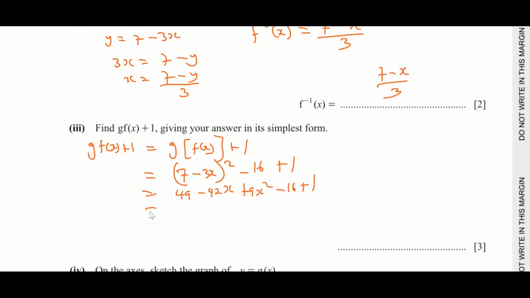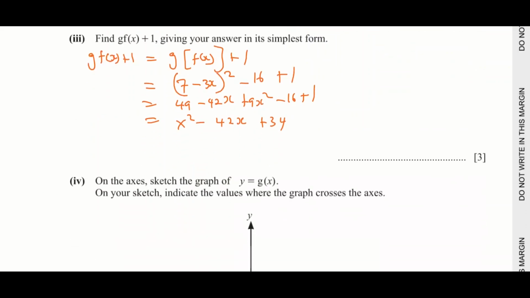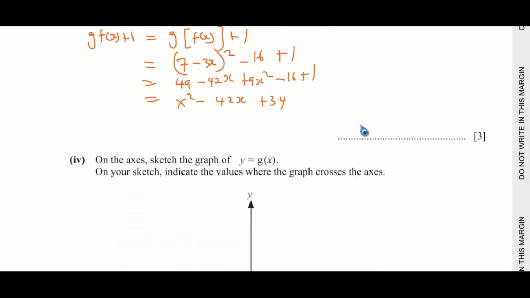If you simplify this, you should get 9x squared minus 42x plus 34. 49 minus 16 plus 1. So that will be the final answer here.